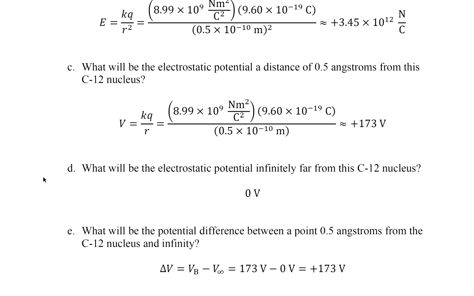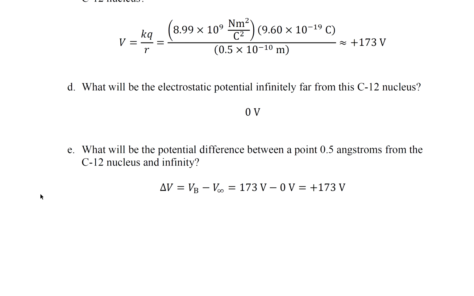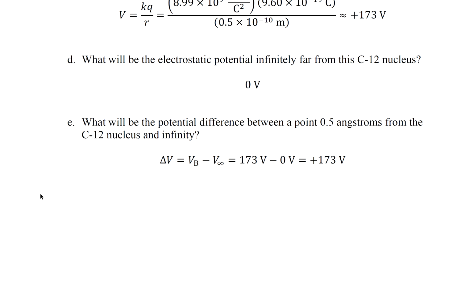Part D, what will be the electrostatic potential infinitely far from this carbon-12 nucleus? Part E, what will be the potential difference between 0.5 angstroms from the carbon-12 nucleus and infinity?